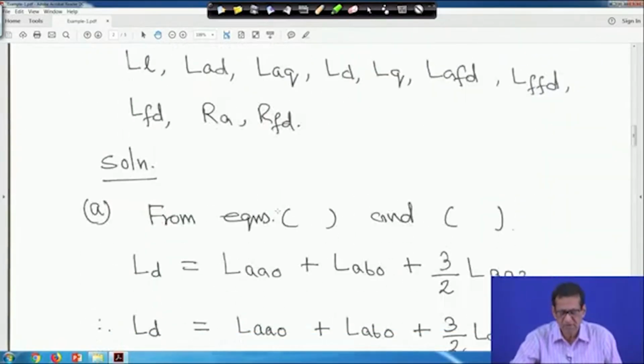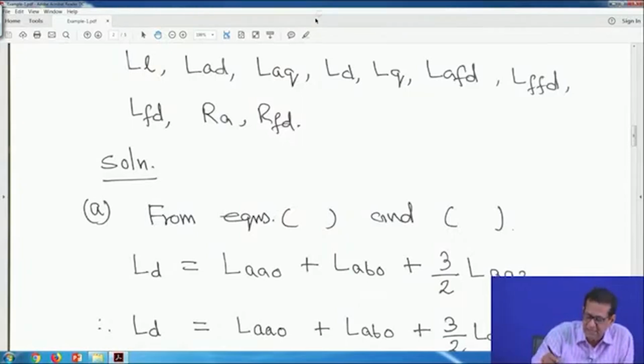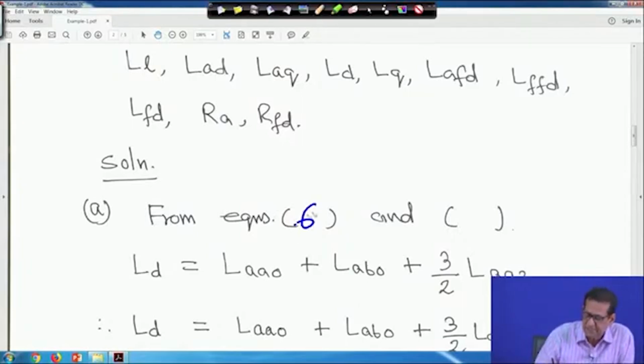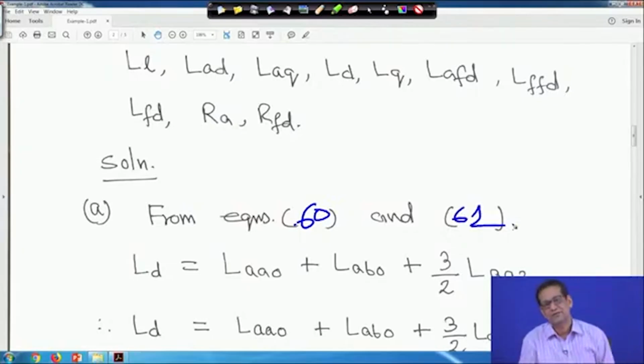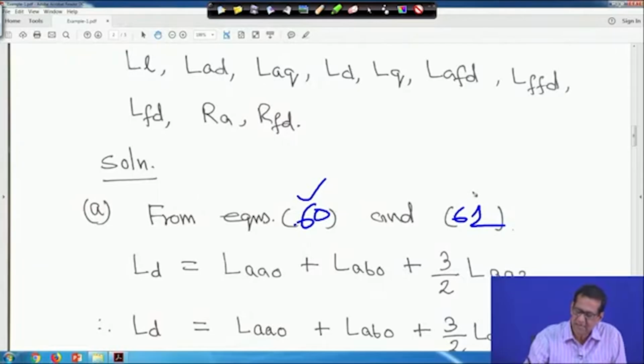Now the solution. From equation, here the number I forgot to write, but I am writing it. This will be equation 60 and this will be equation 61. So LD is equal to LAA0 plus LAB0 plus 3 by 2 LAA2.